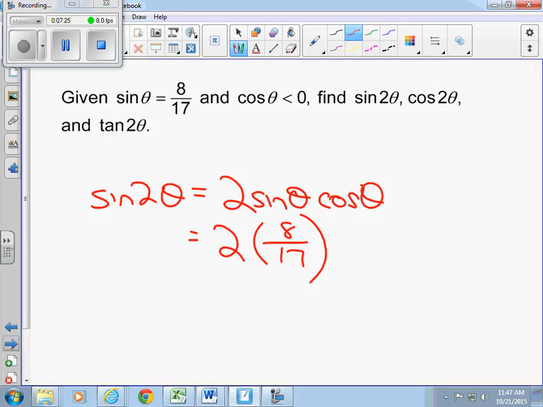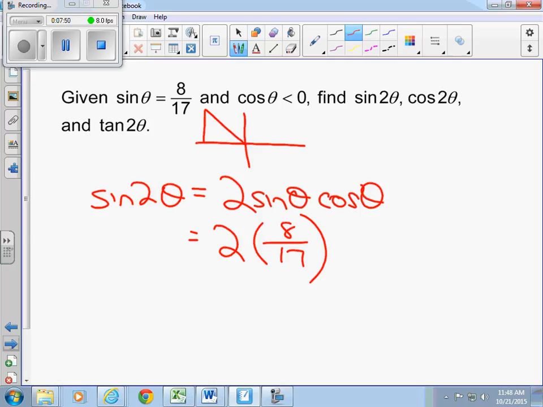I know cosine is less than 0, so what quadrant would I be in if sine's positive and cosine's negative? Cosine's positive in 4. Sine is negative in 3. Okay, we gotta get rid of those.